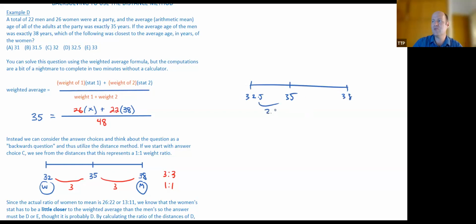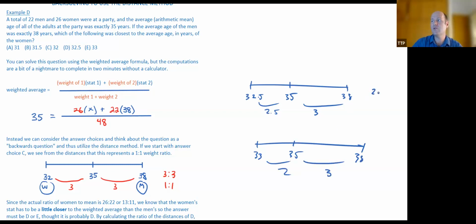That would be distances of 2.5 and 3. And then if it's the 33, 35, 38, then it would be distances of 2 and 3. So the question is, do we want a 2.5 to 3 ratio, or do we want a 2 to 3 ratio?